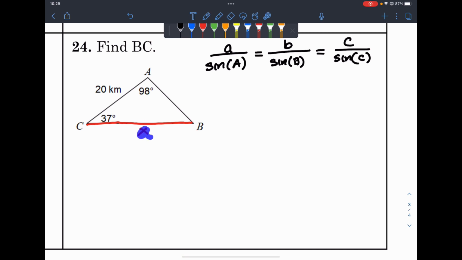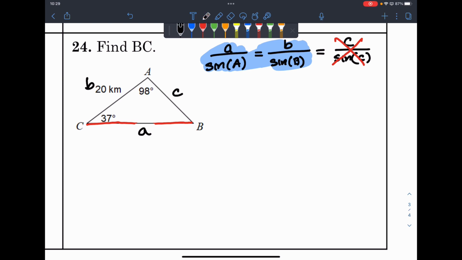So here we're looking for, let me not call it x, let me call it A. This side over here is little c, and this side over here is little b. So we're going to use these two to set up our proportion, and we don't need this part right there.